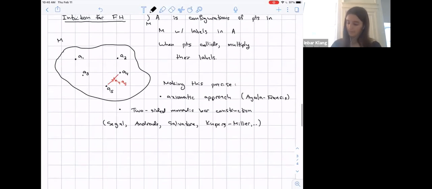Okay, so here's the non-abelian Poincare duality theorem for factorization homology.